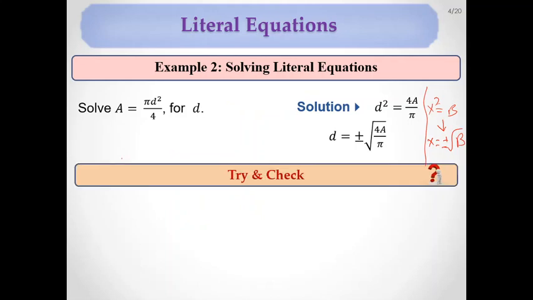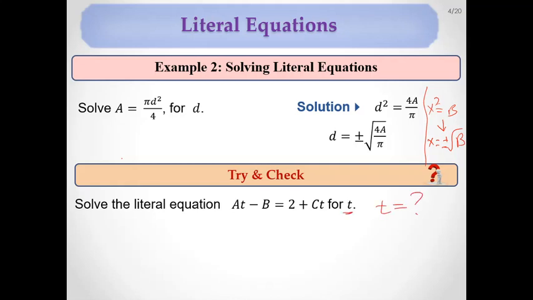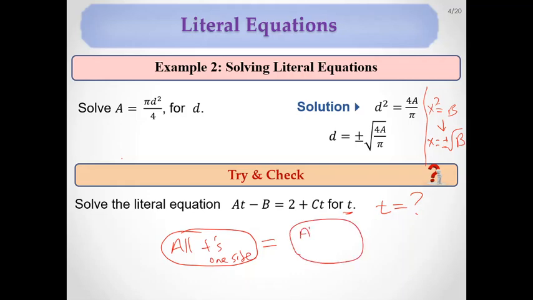Now let's look at this example. It says solve the literal equation for t. We want to get t. For this, you have to make all the t's on one side and all other terms on this side.